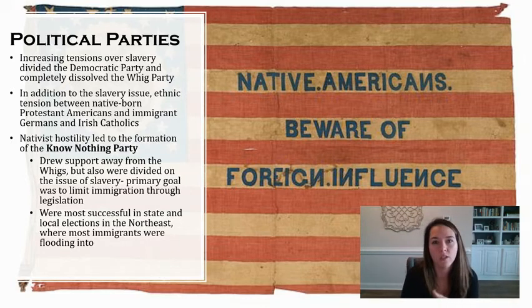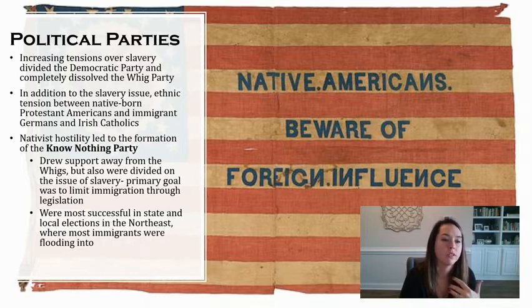The Whig Party just never really took much of a stance, and it was also divided with the Know Nothing Party. A lot of people in the North were experiencing xenophobia and anti-immigrant views. They were discriminatory towards the large influx of immigrants, especially the Irish and their Catholic beliefs. And so the Know Nothing Party drew a lot of people away from the Whig Party, weakening them.